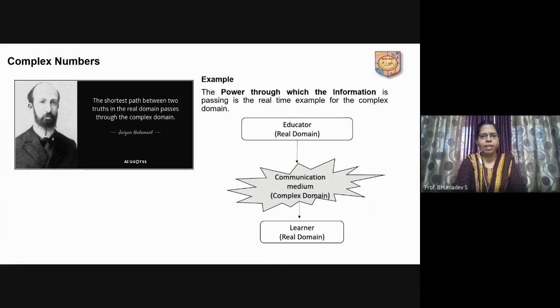The example we can take is the power through which the information is passing in real time; that is a very good example for the complex domain.